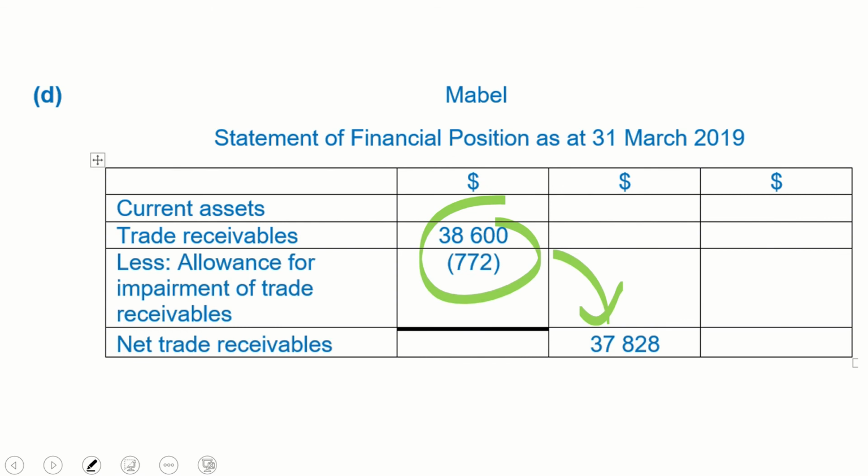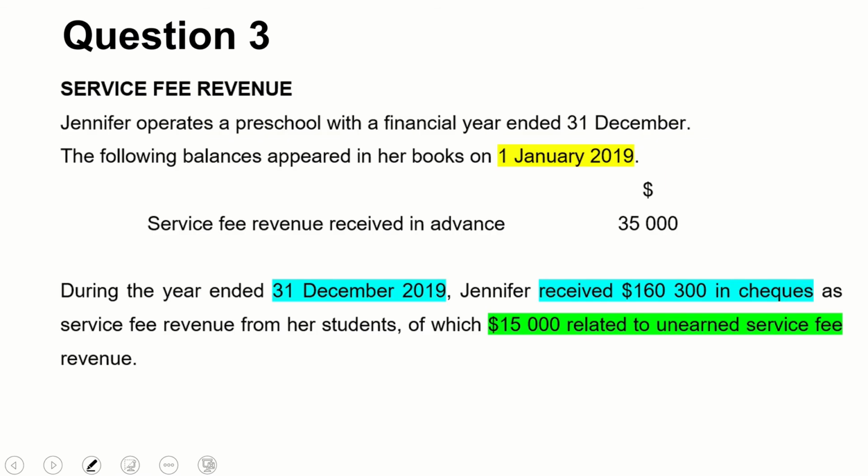This is question 2. Moving on to question 3. Question 3 deals with service fee revenue, and you are informed that there is a service fee revenue received in advance in January 2019. Now, when a service fee is received in advance, it means that you have received the money but not earned.